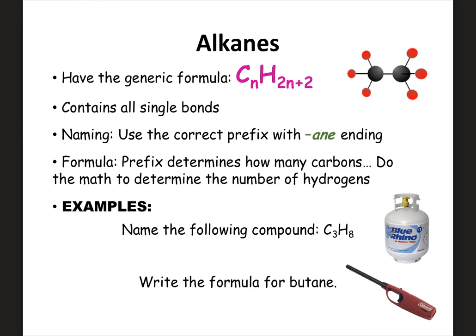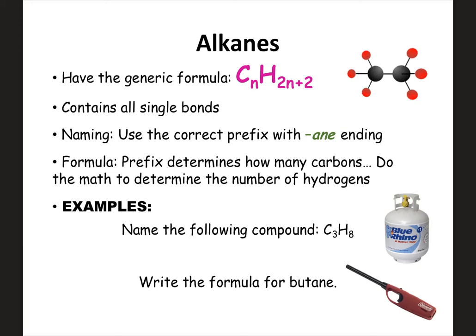Okay, so we're going to start with the alkanes first. We know that all of these hydrocarbons have C's and H's in them, but you have to pay closer attention to the formula because that tells you which kind of hydrocarbon it is.